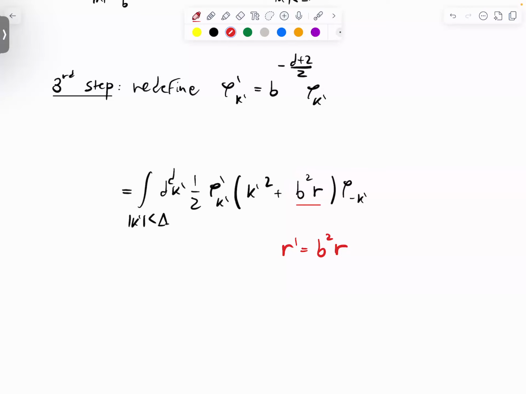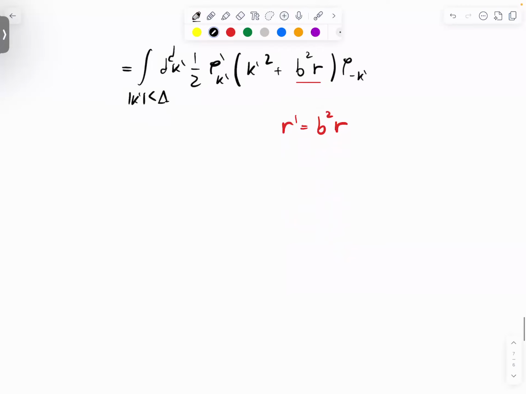Now I want to make a few comments about that. The first comment is that we can write an RG equation, because we can say that b is something like e to the dl. It's an infinitesimally small change, which is something like 1 plus dl.